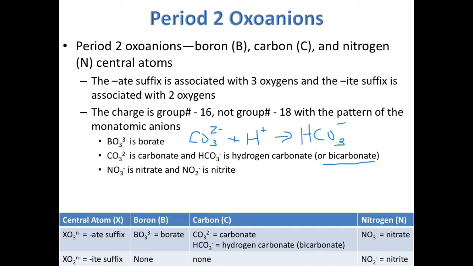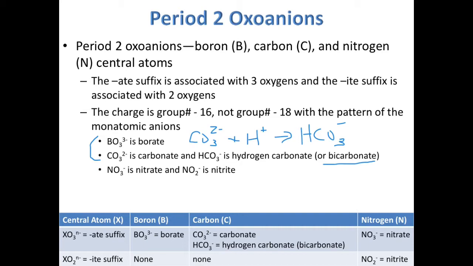NO3 1 minus is nitrate, and this is the first central atom where we come across the ITE form, and that is NO2 minus, nitrite. And in general, we see that boron and carbon are in groups 13 and 14.